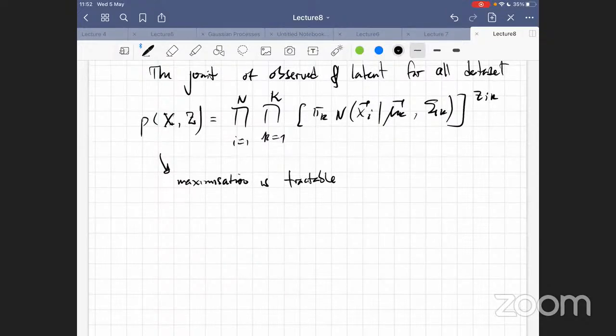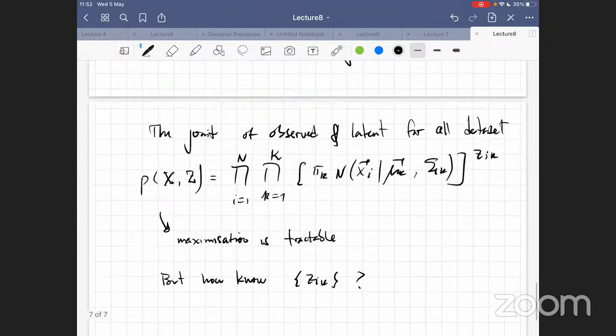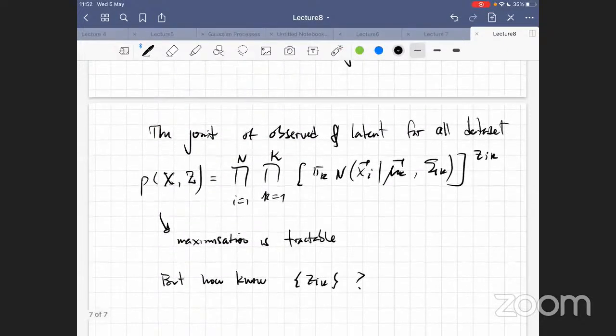All right. Well, the problem here is that you don't know the z values. So how to know these assignments? Because given these assignments, I can go and maximize this. If you compare with a typical classification problem, these guys here are the labels.